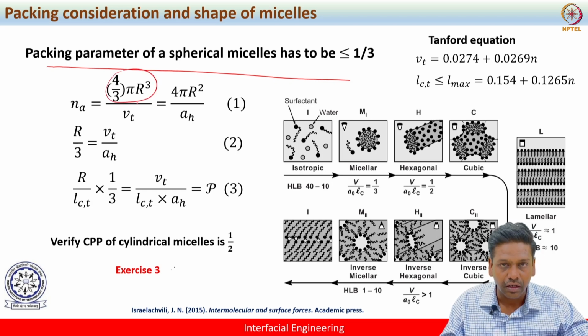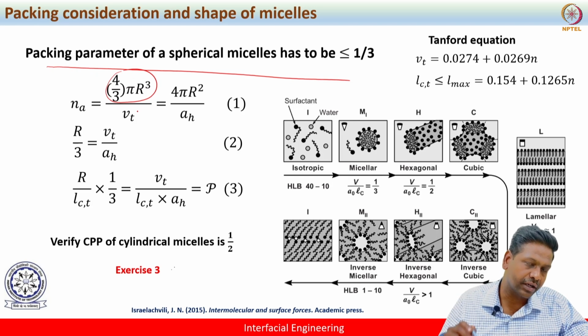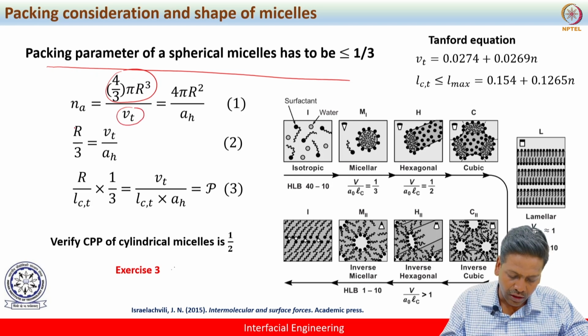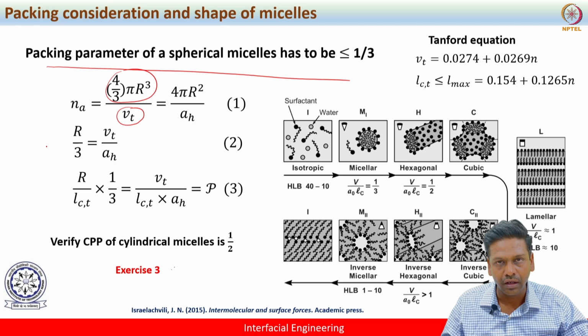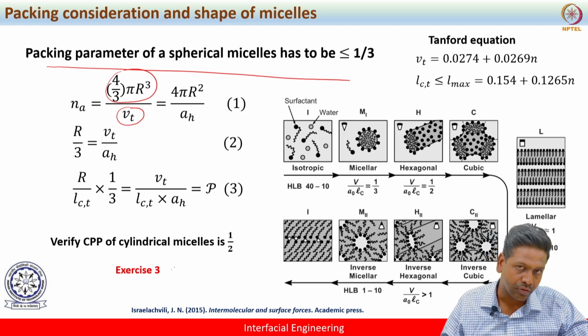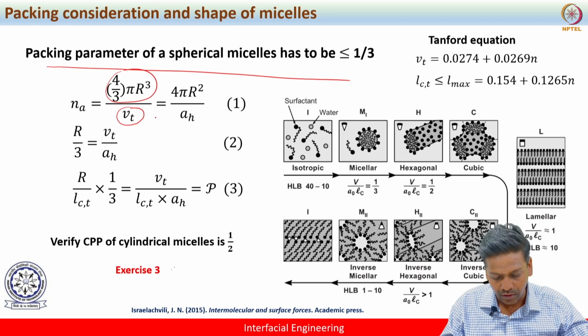Here R refers to the radius of the micelle, which is measured up to the apex of the cone, from the tip of the cone up to the apex of the cone. The ratio of these two should give the number. This comes from the volume basis.